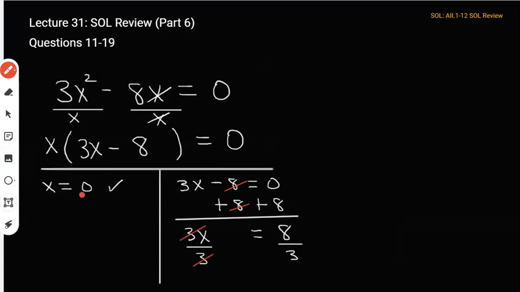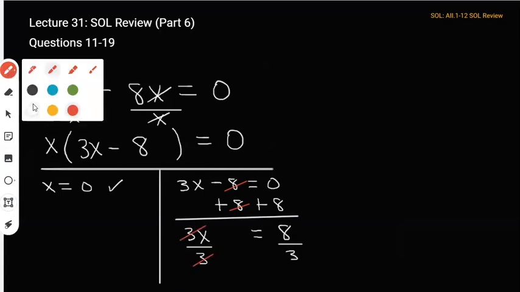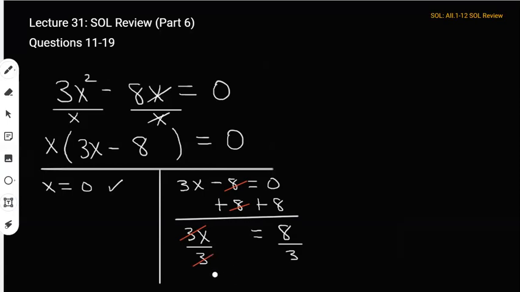The 3's are going to cancel out. And what's 8 divided by 3? We don't know, right? So we're going to leave it as a fraction.